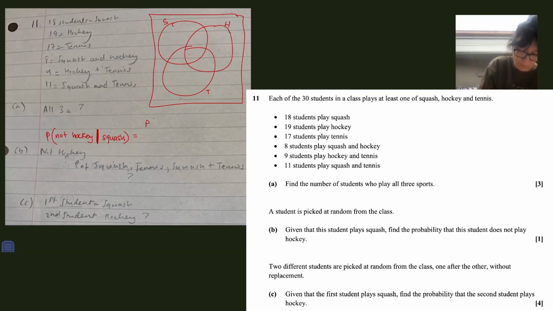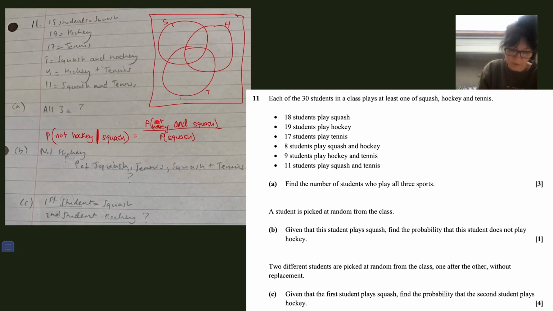And this is the probability of not hockey and squash divided by the probability of squash. These words are starting to look stupid to me now. So the probability of squash on the bottom is this lot: that, add that, add that, add that.